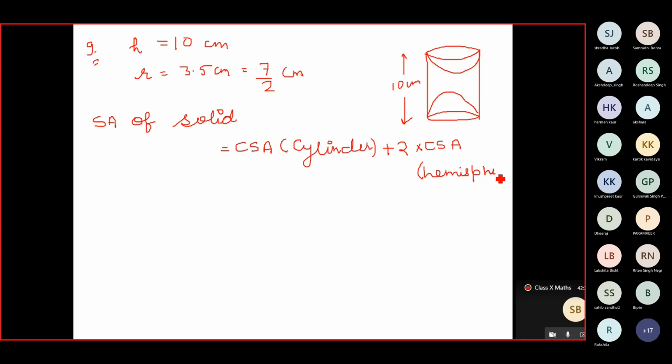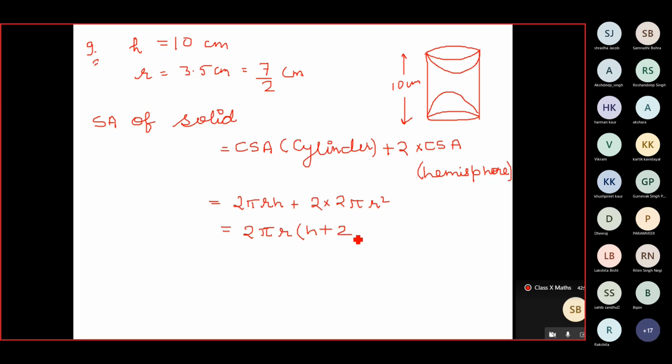So CSA of cylinder is what? 2 pi r h plus 2 into CSA of hemisphere, which is 2 pi r square. So what can we take as common? 2 pi r we can take as common. The first one will remain with h and the second one will remain with 2r.